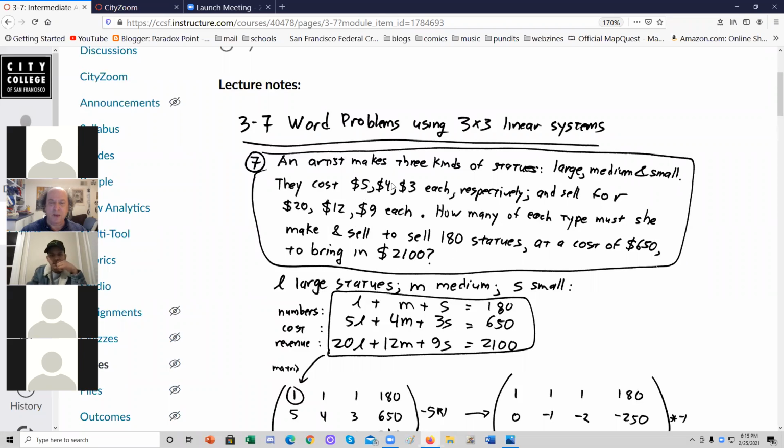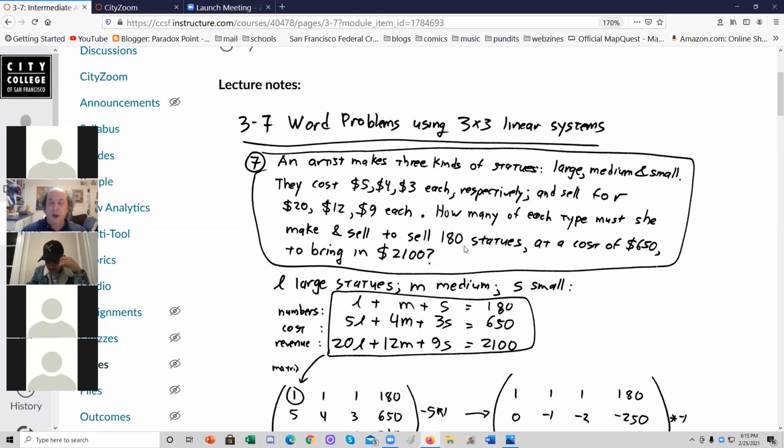They cost $5, $4, and $3 respectively, and sell for $20, $12, and $9 each. How many of each type must she make and sell to sell 180 statues at a total cost of $650 to bring in a total of $2,100?